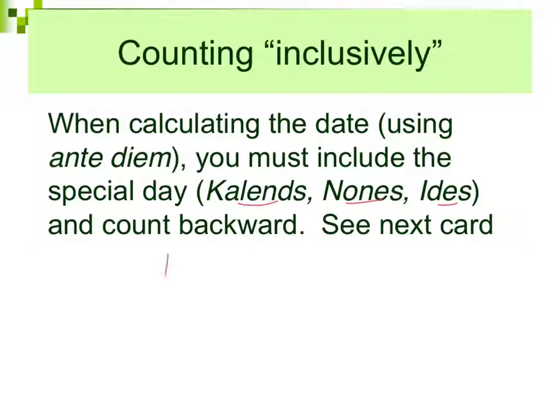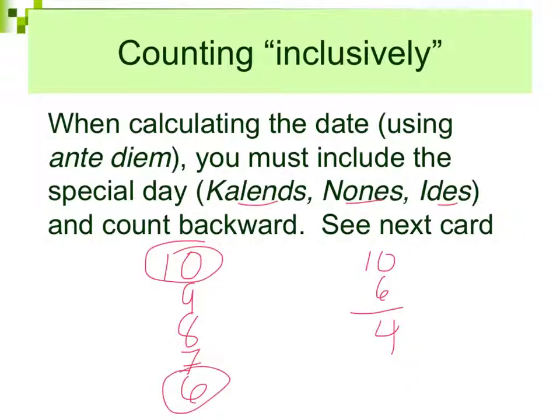So if you have some numbers, let's say 10, 9, 8, 7, 6, and you're counting inclusively, 10 minus 6 equals 4, but in counting inclusively, you consider the first number and the last number. So 1, 2, 3, 4, 5. So there's 5 numbers included in the whole equation. So that's kind of like what you have to do when counting inclusively with a calendar.